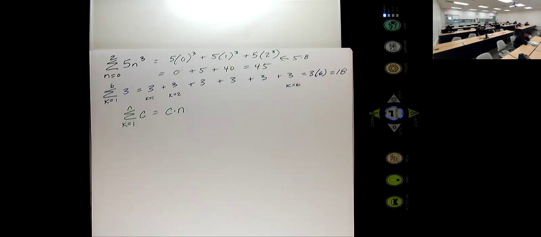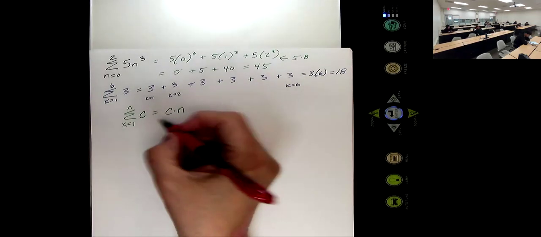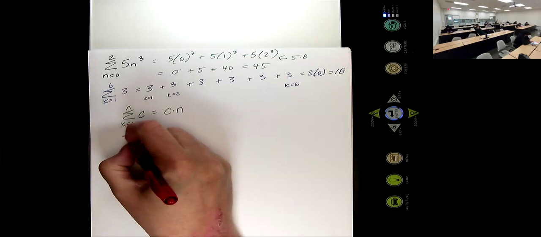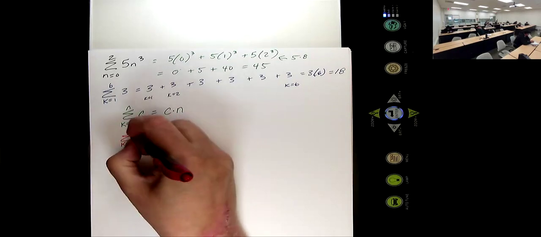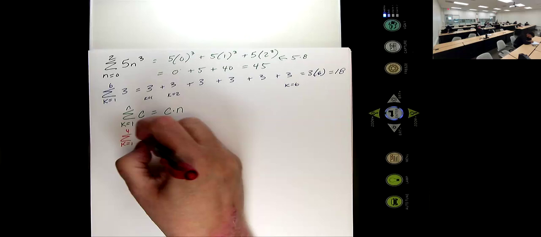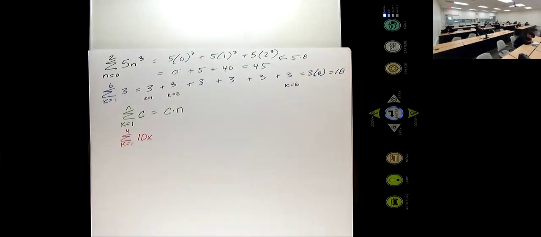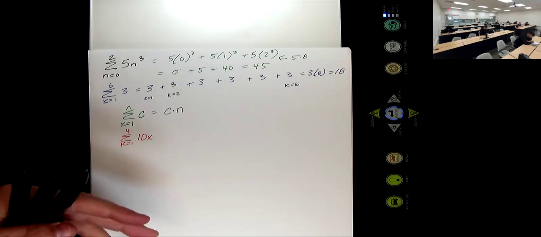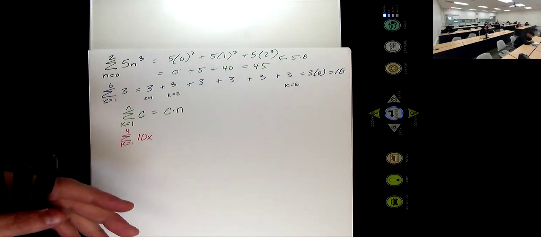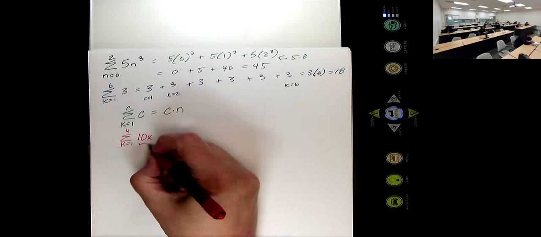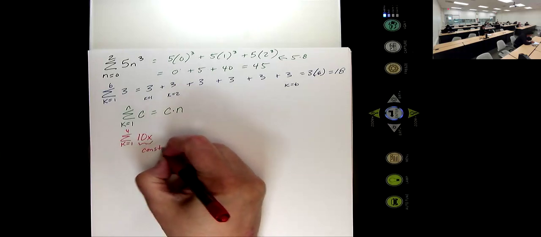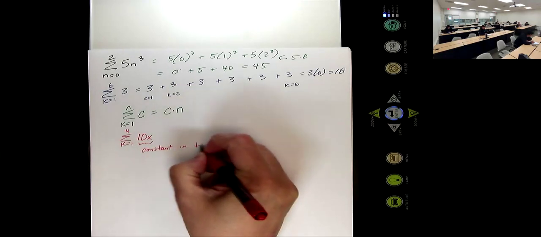They can trick you with this. The sum from k equals 1 to 4 of 10x. We see the x, we think variable. But this is constant in terms of k.